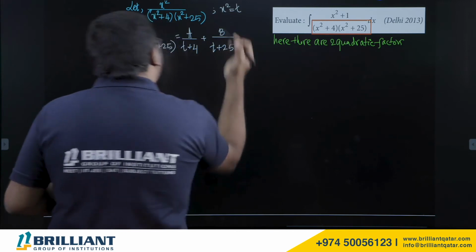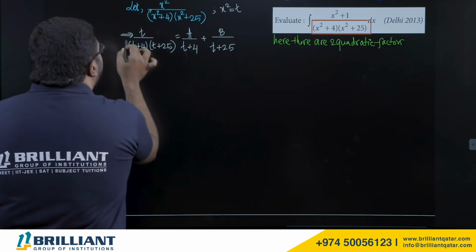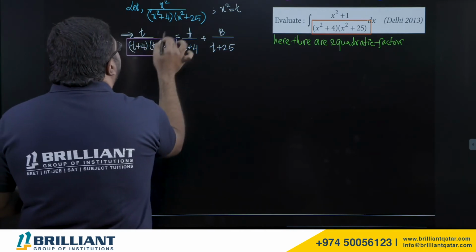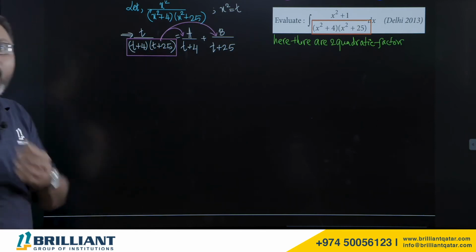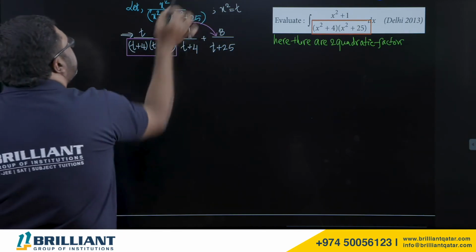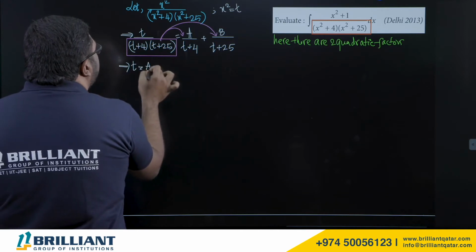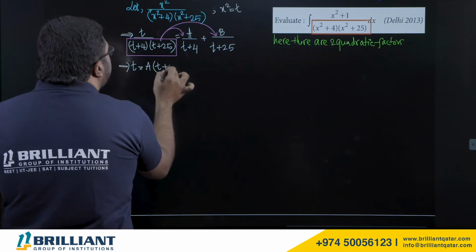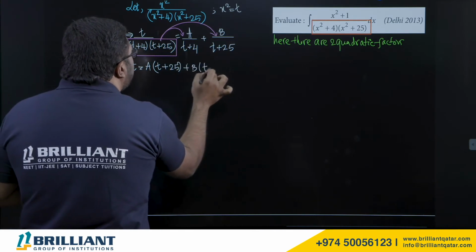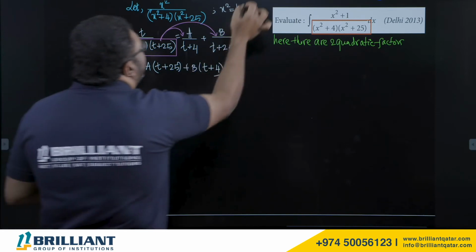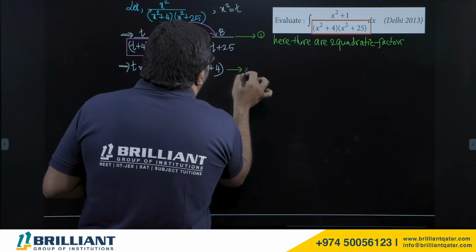Then we take the denominator and multiply it to A and multiply it to B. So my answer is going to be t is equal to A into t plus 25 plus B into t plus 4. So I have my two forms, equation number 1 and equation number 2.